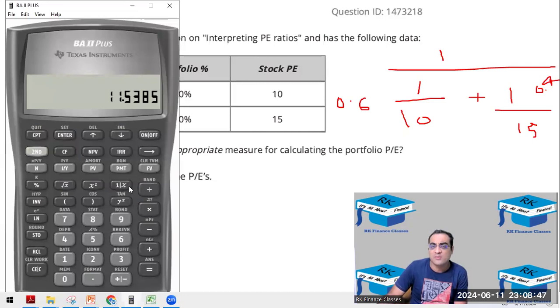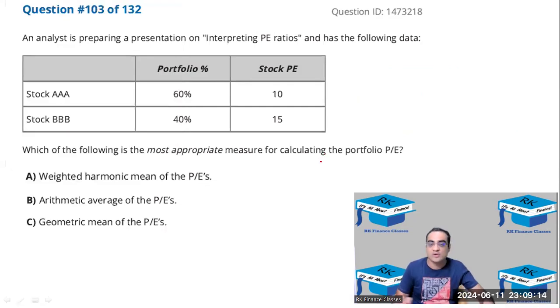It's getting 11.53, 11.54, so there's a rounding difference, but otherwise it's the same. I repeat, 0.6 into 1 upon 10, store 1, then 0.4 into 1 upon 15, store in memory number 2, then recall 1 plus recall 2, and taking the inverse of that, it gets to 11.54. Yeah, Himoli.